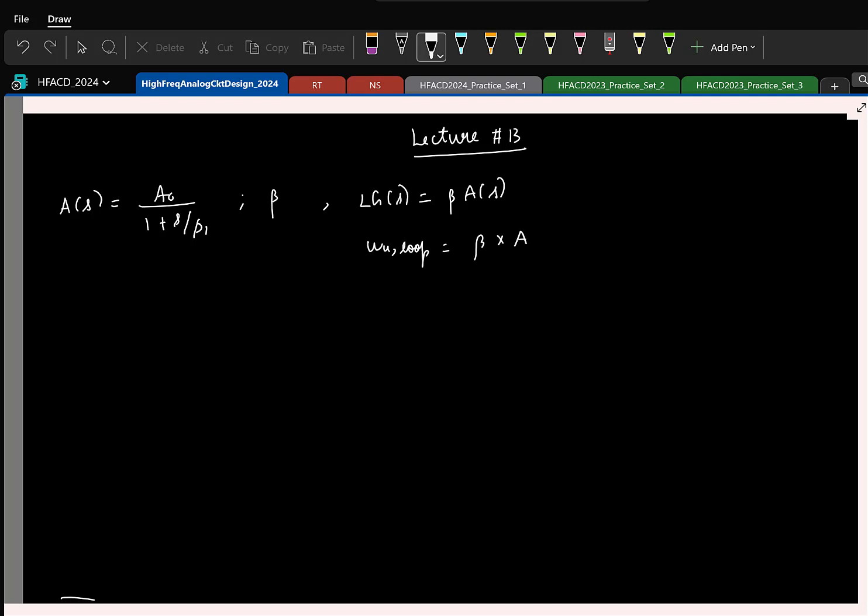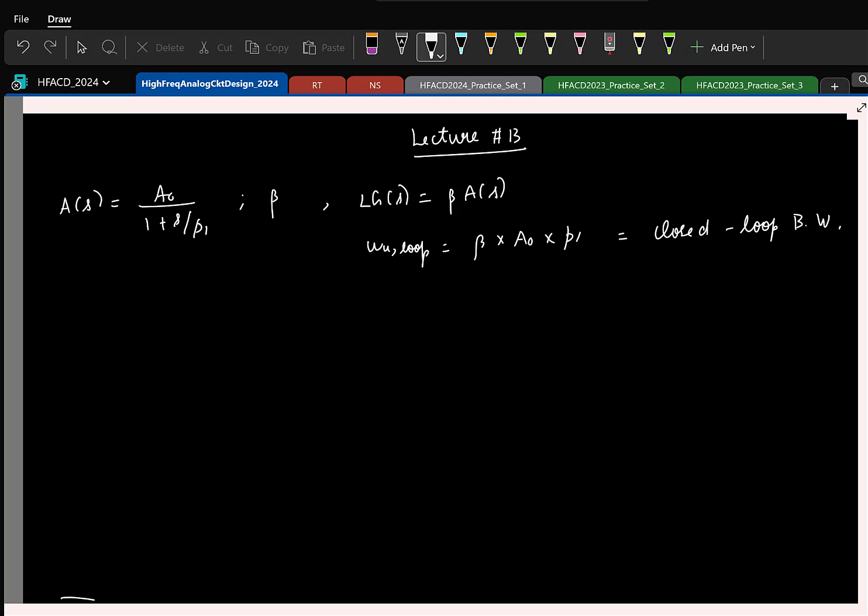It was beta times A0 times P1, right? And this was also equal to the closed loop bandwidth. This is also something we saw.